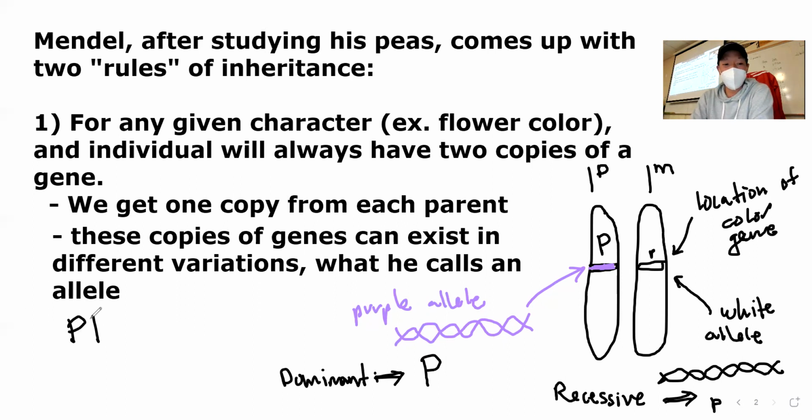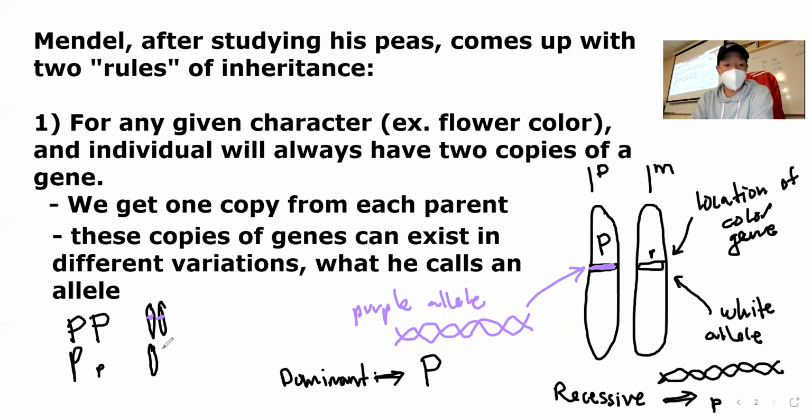We could have big P and a big P. Right? What does that mean? That means that on the mom and the dad's chromosomes, both of them inherit a copy of the purple. Okay? Another option is you could have what we already drew over here, which is big P, little p.